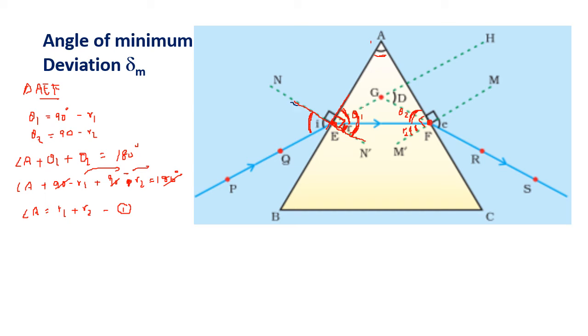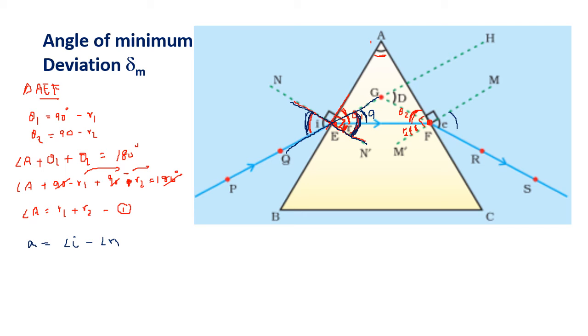Look at angle NEQ and GEN. They both are equal because they are vertically opposite. So this angle is angle I minus angle R1. Let me call it A. Angle A equal to angle I minus angle R1.